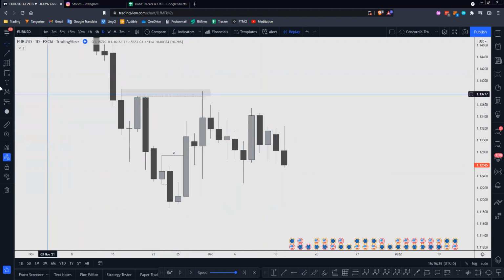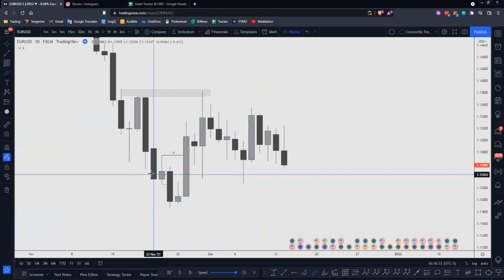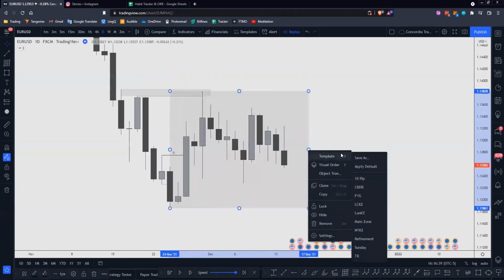Okay, the whole point why I'm showing you this is to understand the structure. Right now, from this low to this high is the trading range that we're trading in.